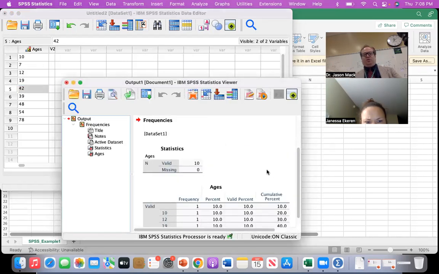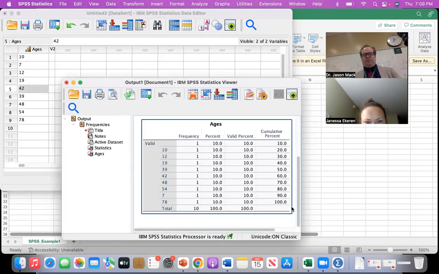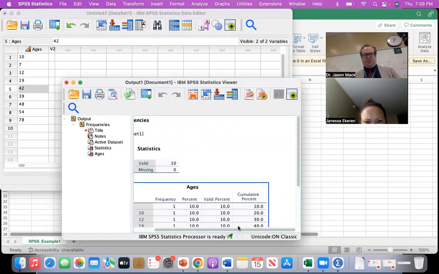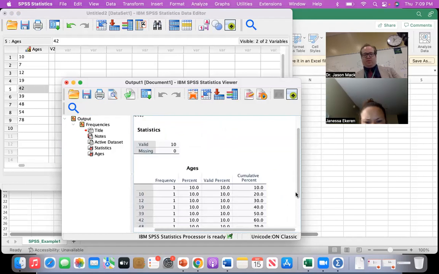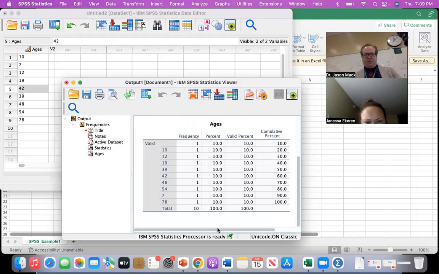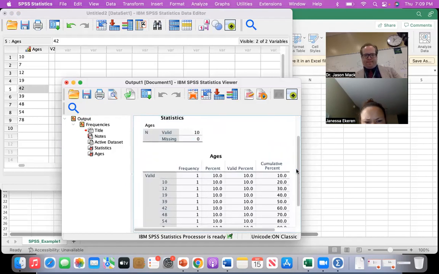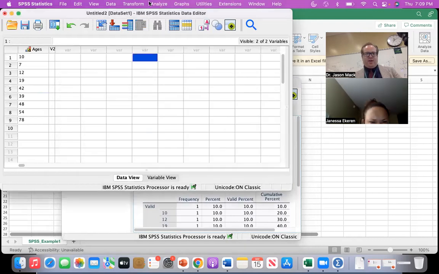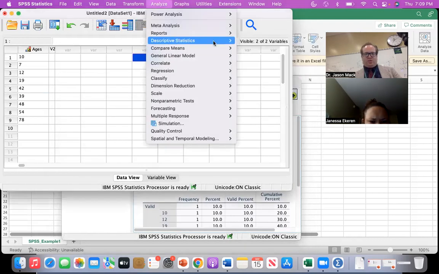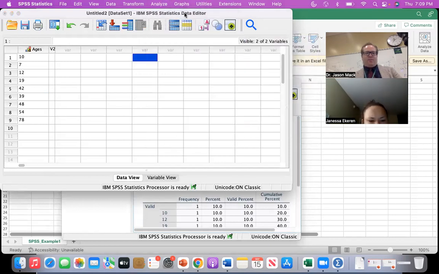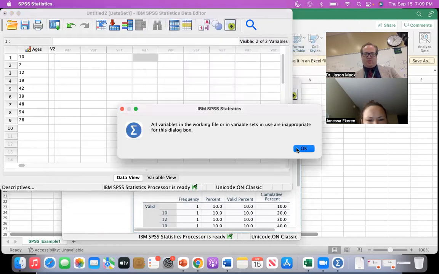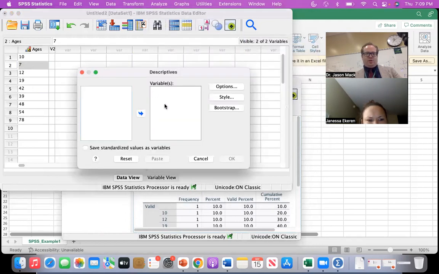And then it gives you a nice frequency table. Did I not do that right? I don't like that. Hang on, it didn't work the way I want it to work. Analyze, Descriptive Statistics, Descriptives. Why is that even appropriate?